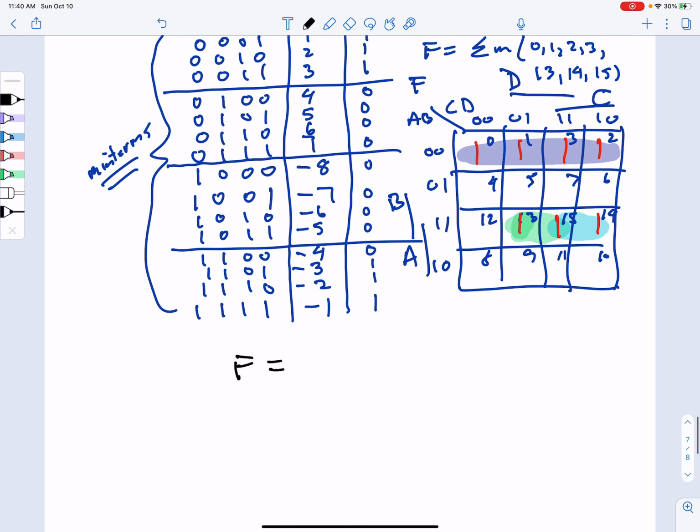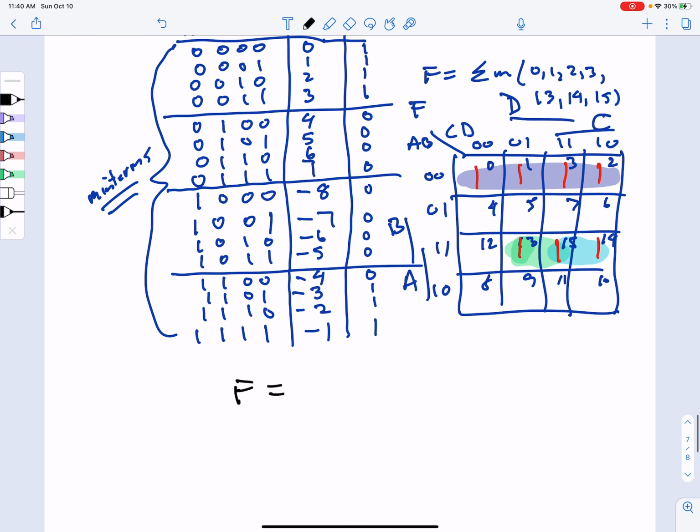Reading off the map, for the green group, I have that completely inside of A, completely inside of B, it spans C and is inside D. That would be the green grouping.